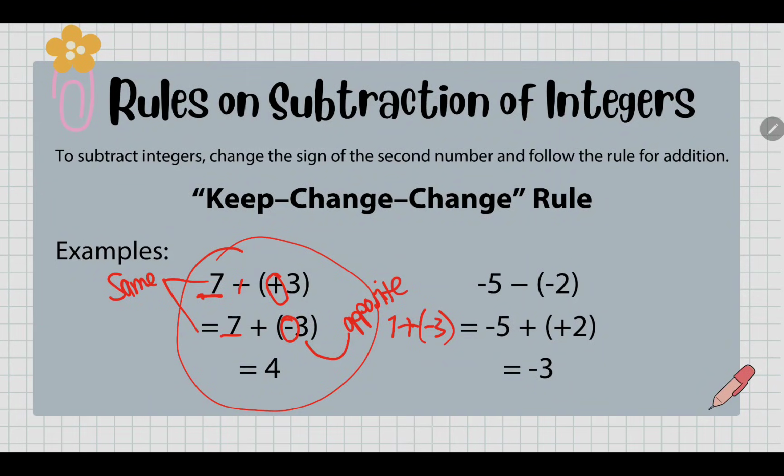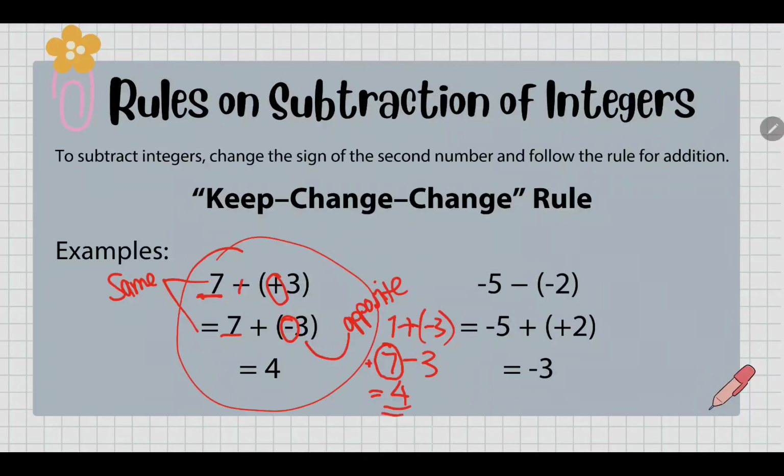To make it a bit easier, it's 7 take away 3, which gets you to 4. Since the 7 is larger and its sign is positive, it's always positive, even though you can't see the sign, unless there's a negative sign before it. So the answer would be positive 4.